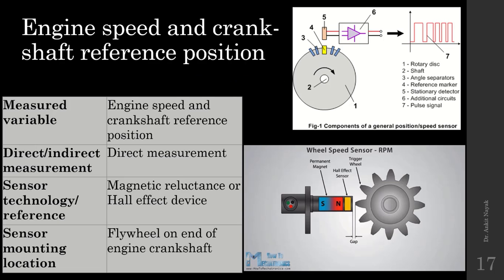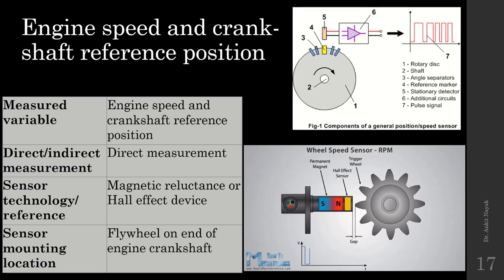Okay, then from the beginning I am telling you that there are different actuators, like the actuators associated with the knock control, the actuators associated with the spark ignition, fuel injection, and different other things.